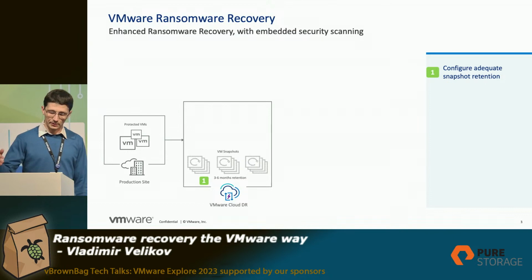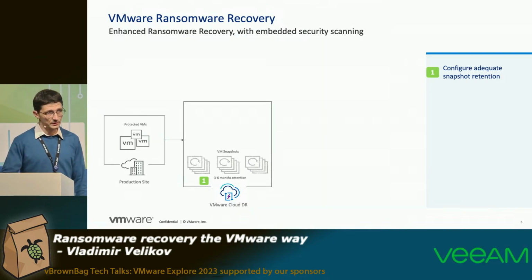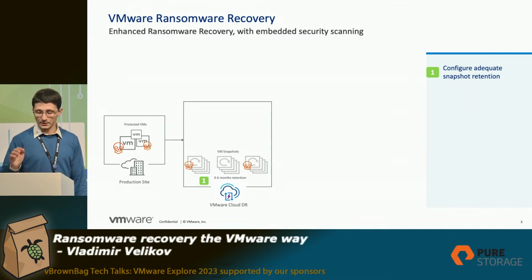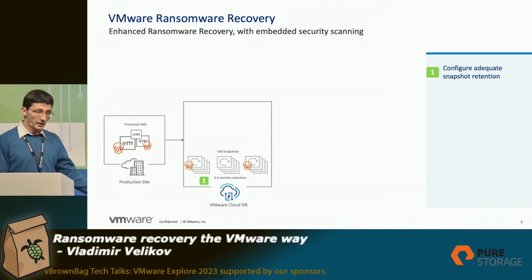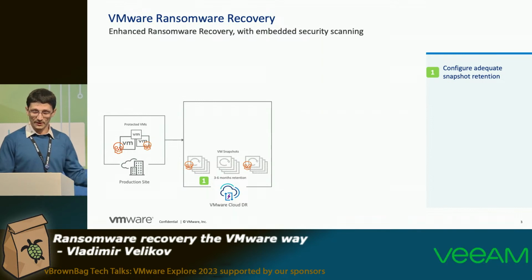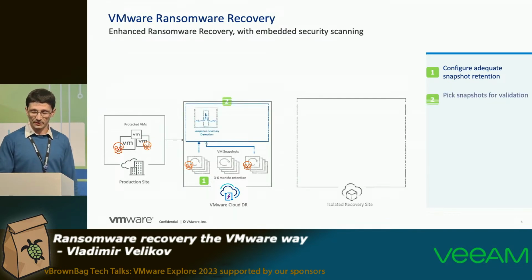So you really need old snapshots in certain scenarios. So let's say we select 3 to 6 months of retention. And then, some of the workloads are infected, and also some of the snapshots. One morning you wake up and big parts of your data are encrypted.